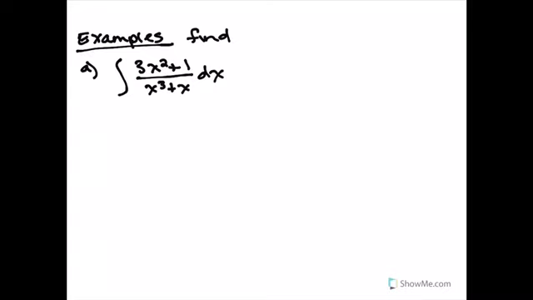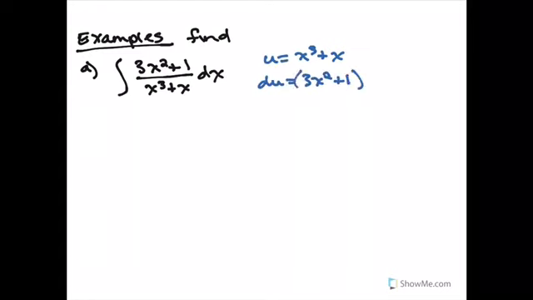So when I look at this, I see the denominator is x cubed plus x, and its derivative is 3x squared plus 1 dx. So I see my du in the problem.